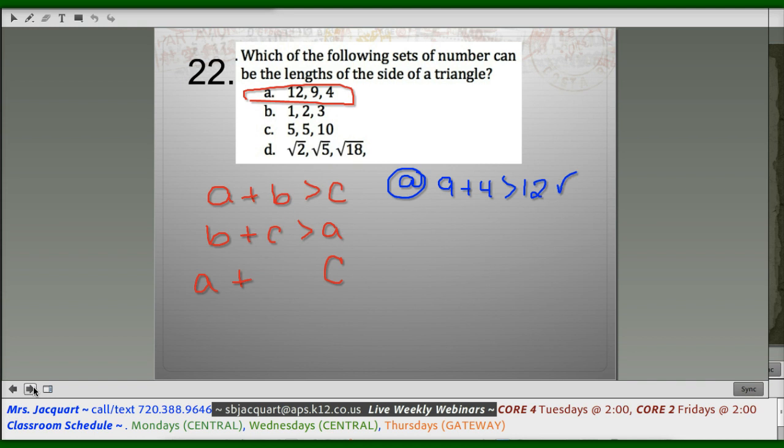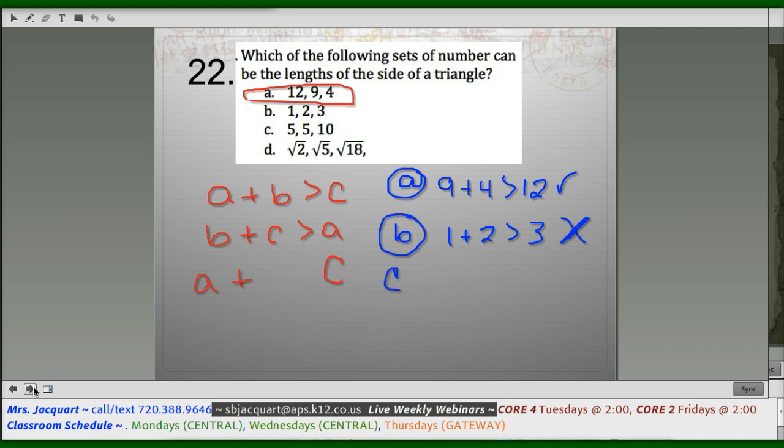Let's try B. Let's do the smallest sides. 1 plus 2, is that greater than 3? No. So, oh, can be the lengths of a triangle. Back up, back up, back. There, okay. So this one cannot be a triangle.